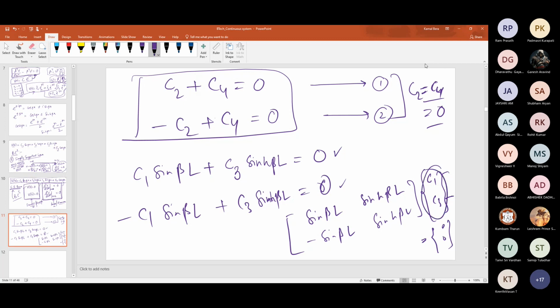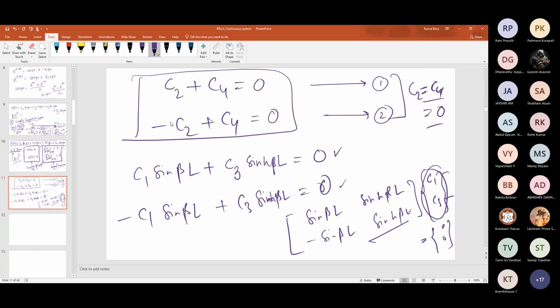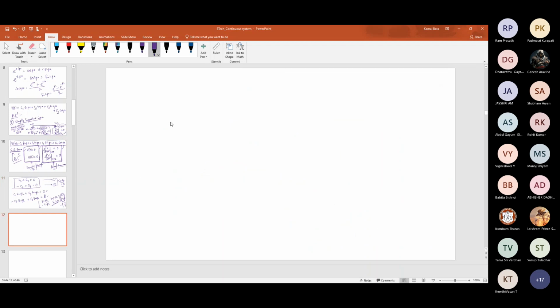So for a non-trivial solution of this, the determinant of this has to be 0. And if the determinant of this is 0, then basically I will get 2 sine beta L sinh beta L equal to 0. This sinh cannot be 0. If this is 0, then again it will be a trivial solution.